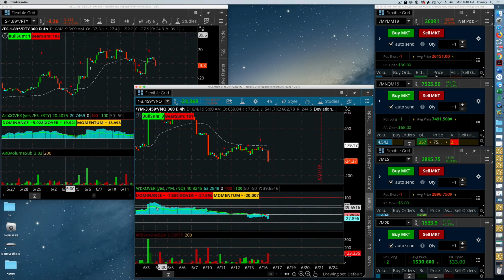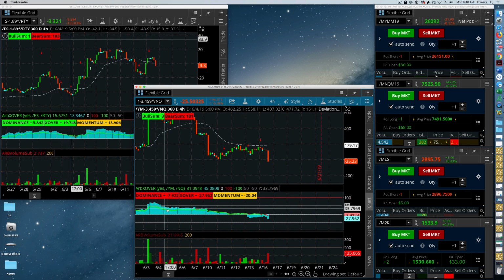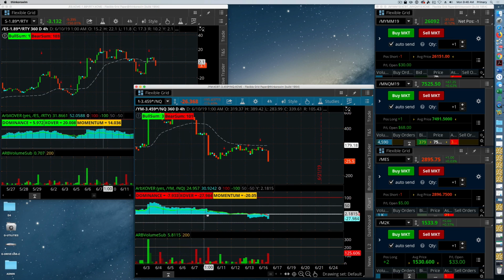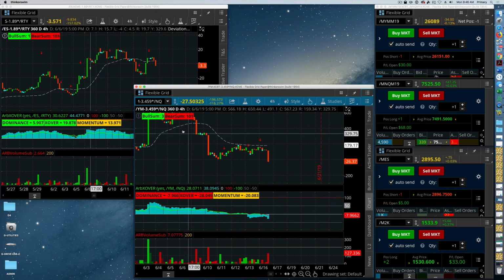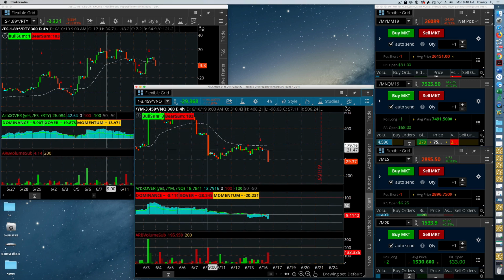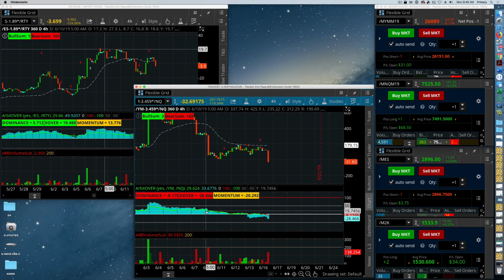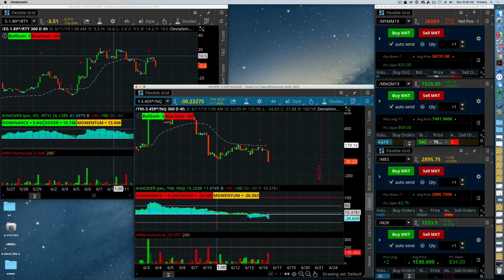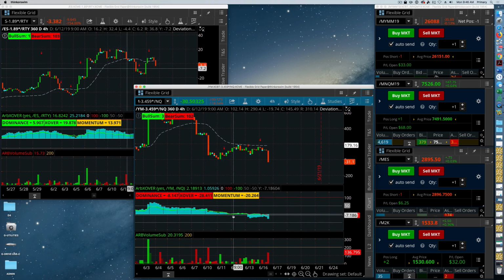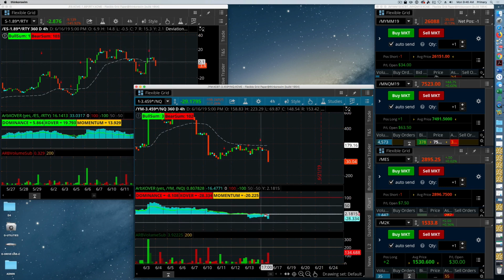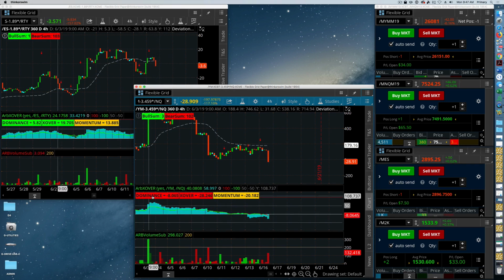But as you can see, it's starting to decrease in dominance, and that means the NASDAQ, the NQ, is starting to dominate more and more, so we get this downturn as the dominance for YM decreases and NQ takes over. Now we're going negative at this point. It's showing that the NASDAQ is dominant when it goes negative.